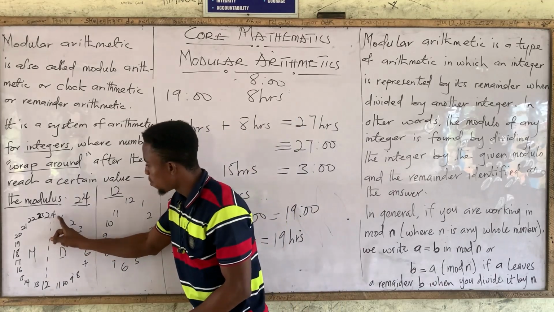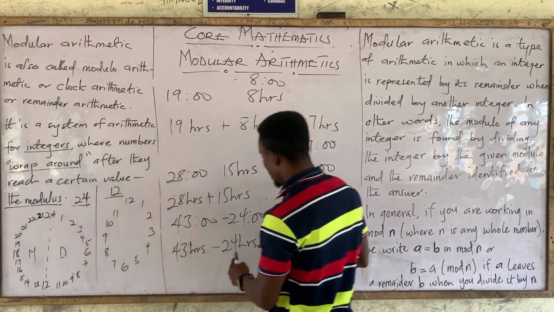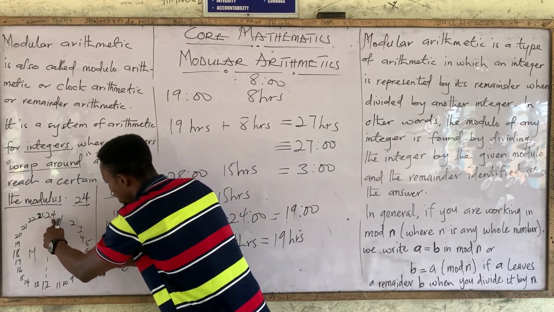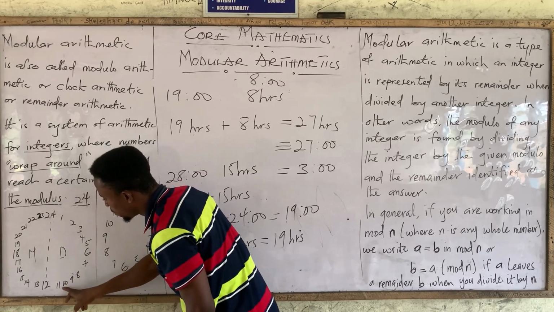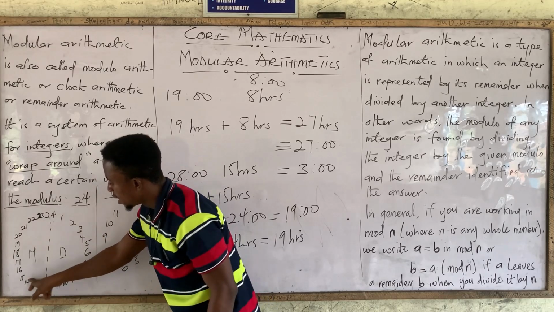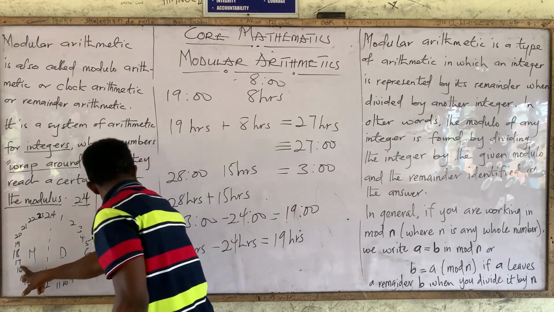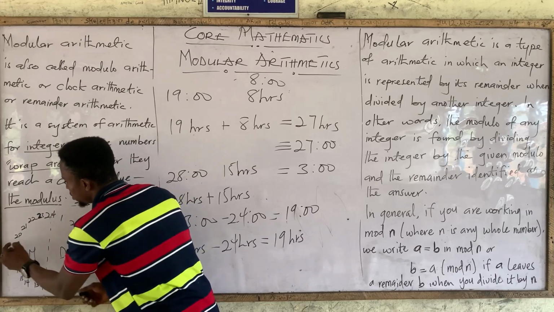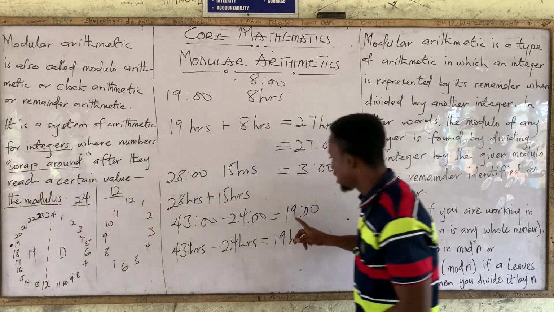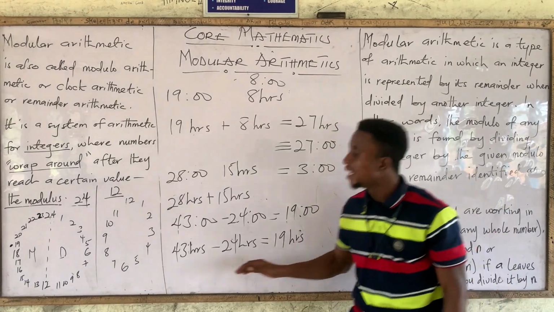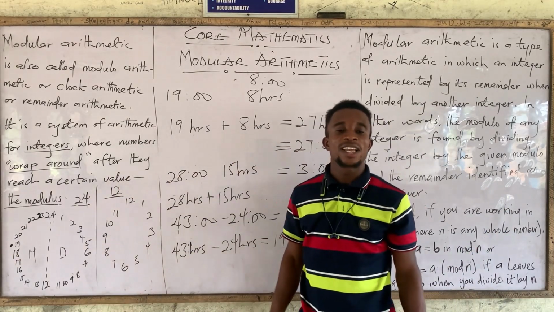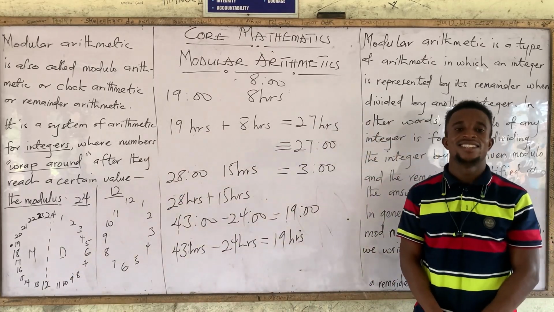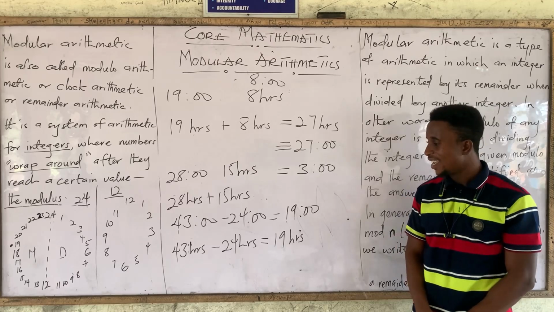So that is 24, we are continuing: 24, 25, 26, 27, 28, 29, 30, 31, 32, 33, 34, 35, 36, 37, 38, 39, 40, 41, 42, 43. So that is why it's 19 over here. Are we getting that? So meaning 19 o'clock in the night. Please, do we get that? That is when we are going to leave here. Are we okay? Okay. So that is that.